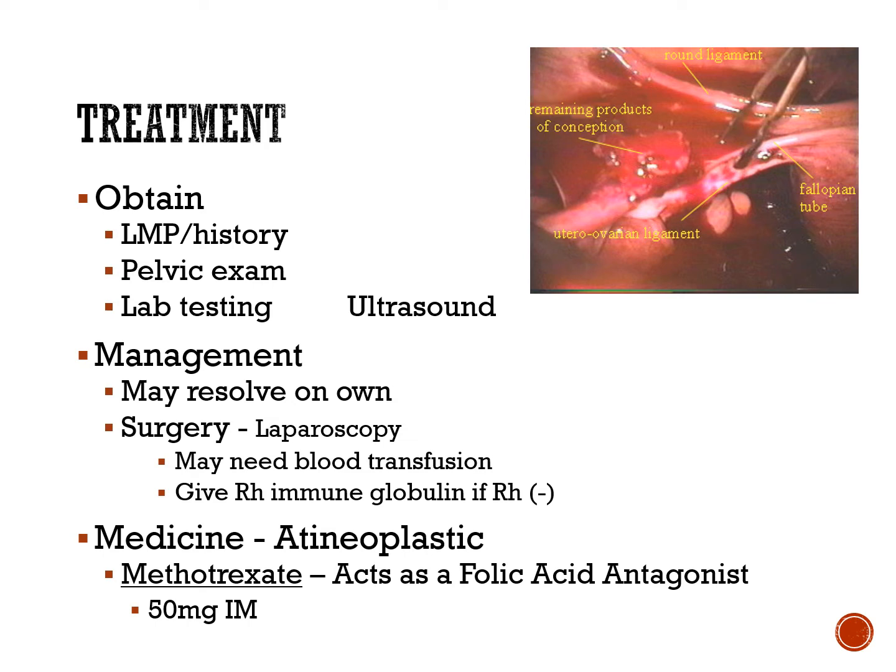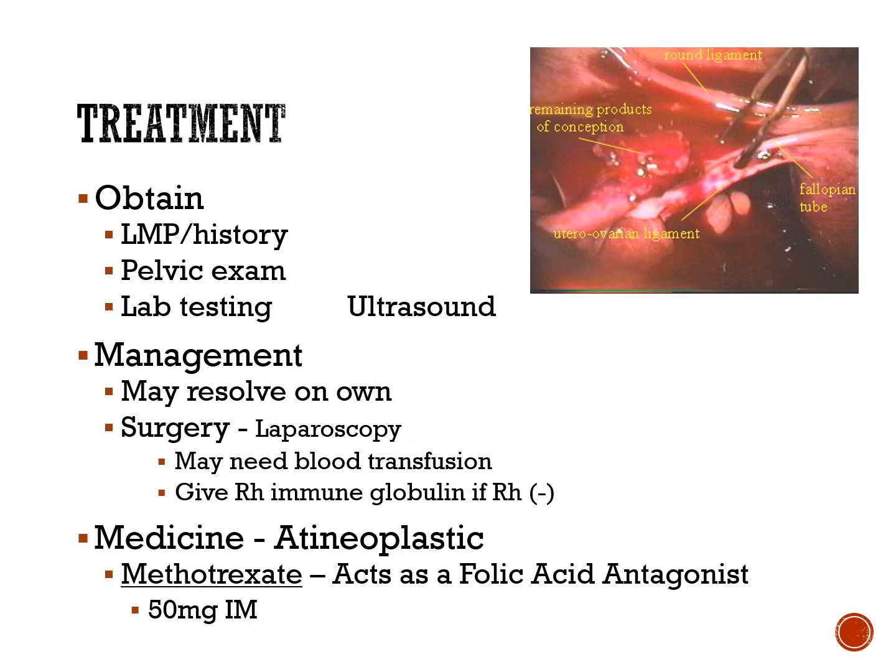It's a folic acid antagonist, so it is definitely dangerous to pregnancy, but in this situation, this will basically cause that ectopic pregnancy to reabsorb on its own and decrease that mom's need for any kind of surgical intervention, because you don't want to cause any scarring, and hopefully be able to save the ovary and fallopian tube themselves.